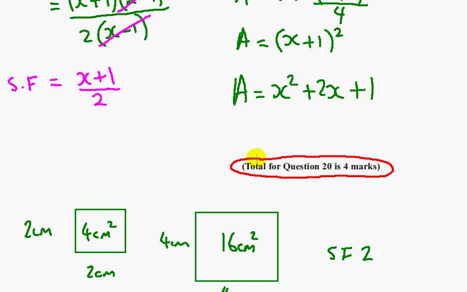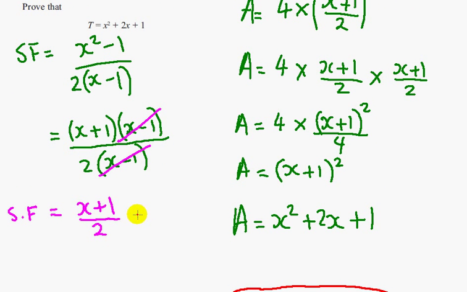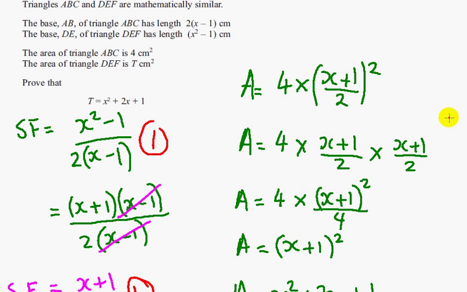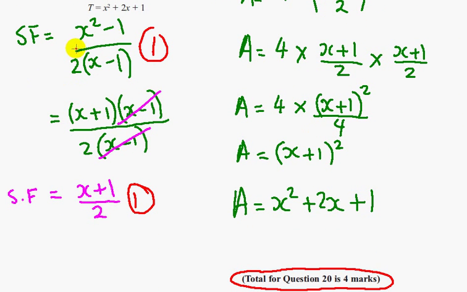The mark scheme says the first mark is for seeing this, for dividing the big base by the small base, which we've got here. The second mark is for then expanding, factorising this and then cancelling it down to this.